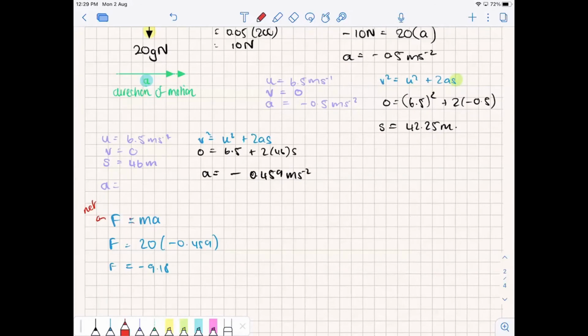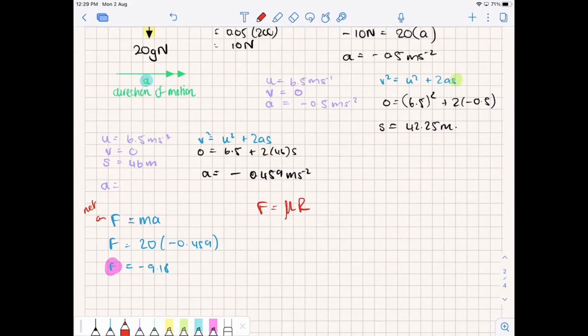So now that we have the net force, this is going to start getting confusing here because we use net force F equal to mass times acceleration, but we also call friction F. So just be careful with your forces and your frictions. That's the net force that you've just calculated there. If I want to calculate friction, we use that formula.